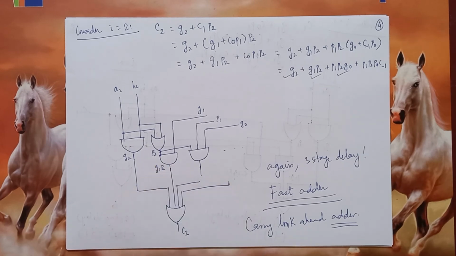delay. What we notice over here is that, of course, in ripple carry adders, the number of gates used is much less. You can realize the carry function using, let's say, 3 AND gates and 1 OR gate. But here the number of gates needed increases, but the number of delay stages does not increase.